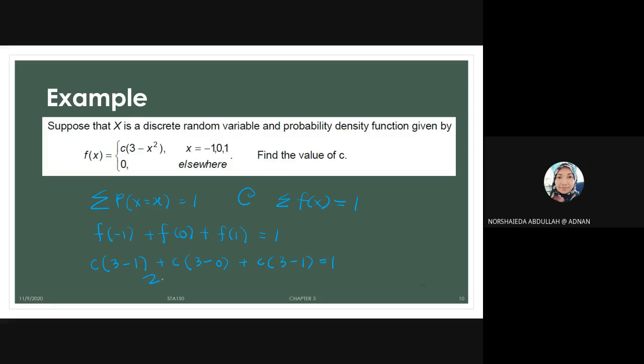Okay, so 2C plus 3C plus 2C equal to 1. So we can get the value of C. C equal to 1 over 7. Okay. So if you look at questions on this topic, finding the constant is often asked. Right.